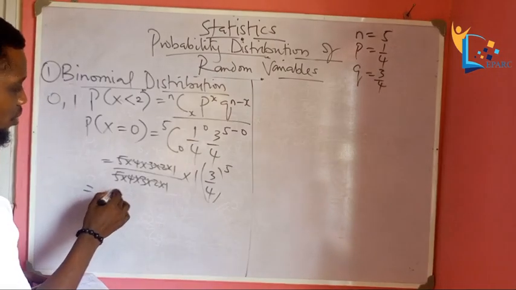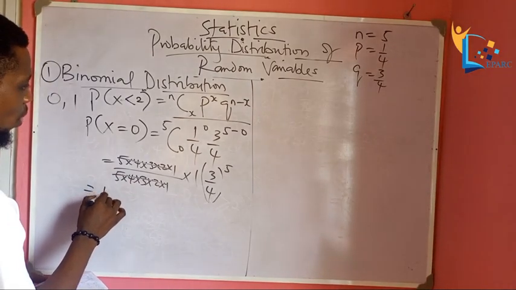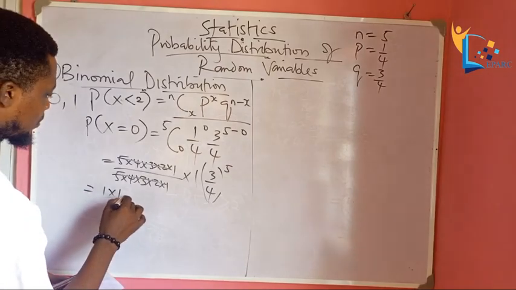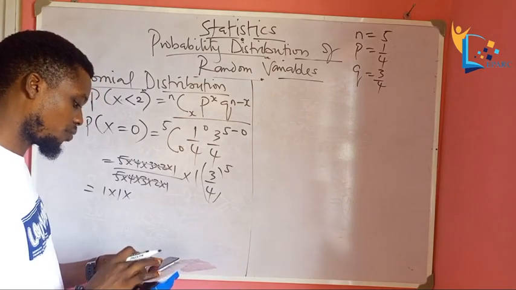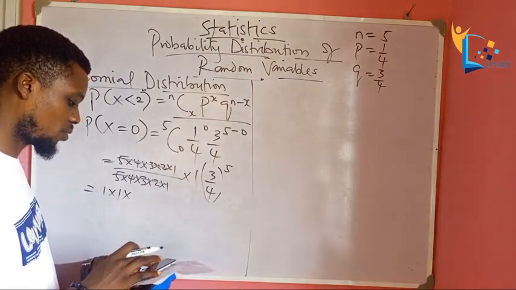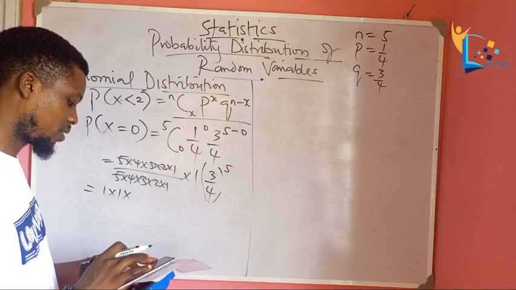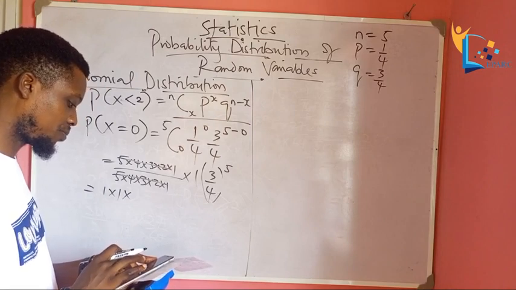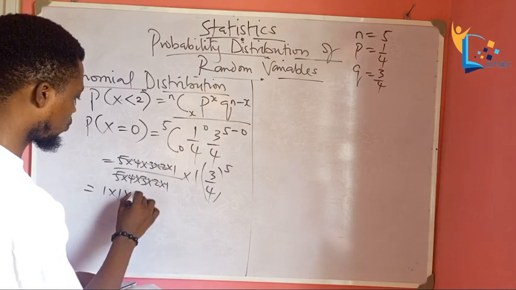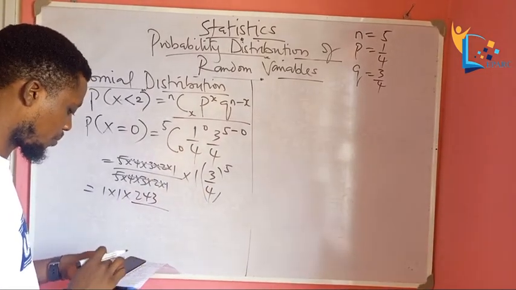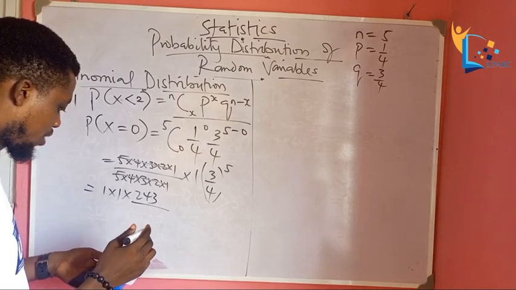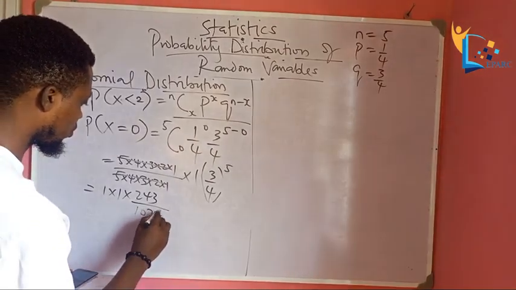So we have 1 times 1 times 3 over 4 raised to the power 5. 3 over 4 raised to the power 5. 3 raised to the power 5 will give us 243 all over 4 raised to the power 5, which will give us 1024.